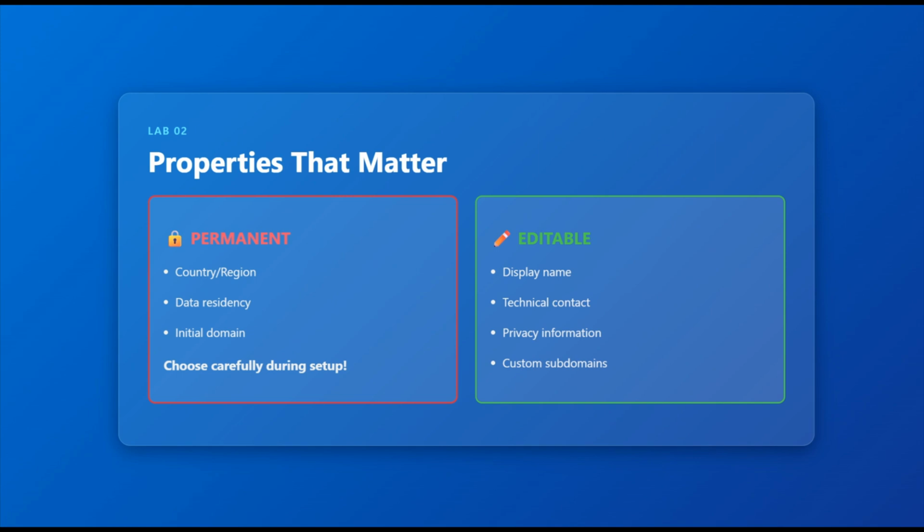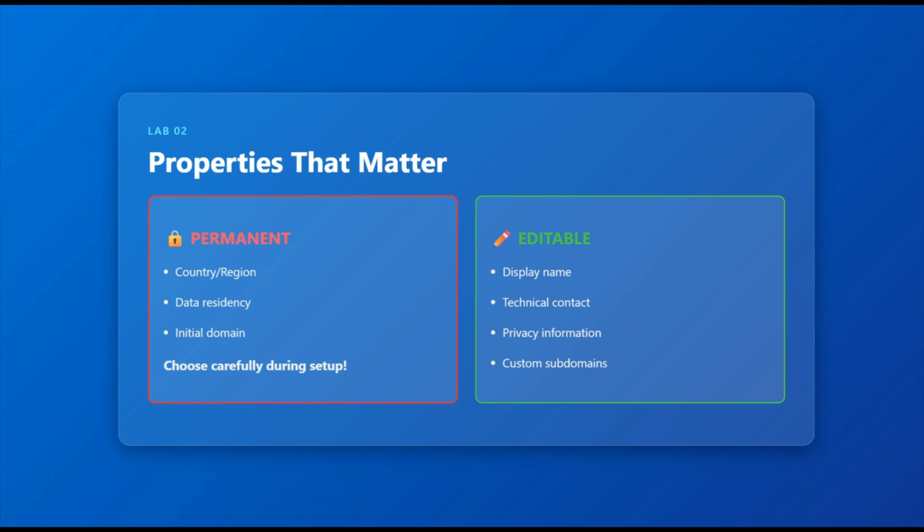Why properties matter? Here is the thing. Some tenant properties are set it and forget it. Others you will update as your organization evolves. And some you absolutely cannot change after creation. Think about the country and data residency. Those settings are permanent.